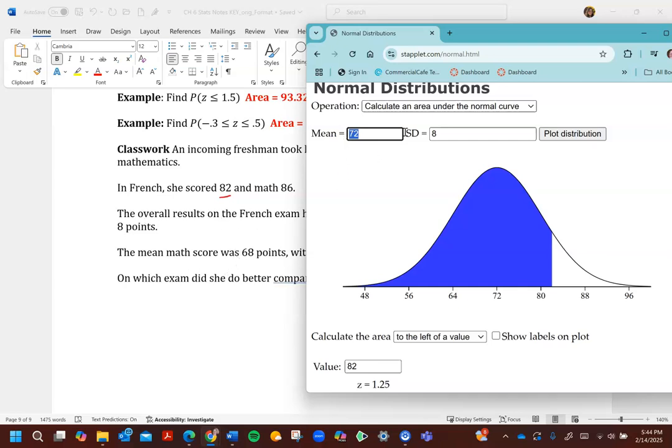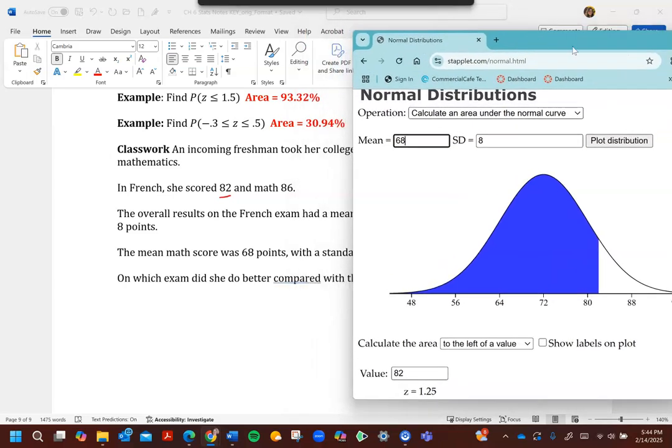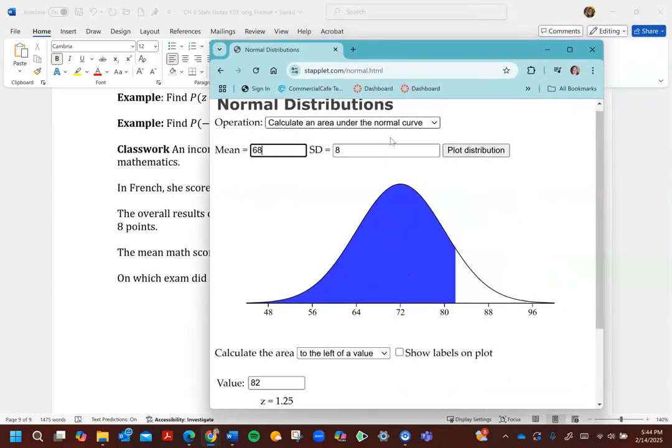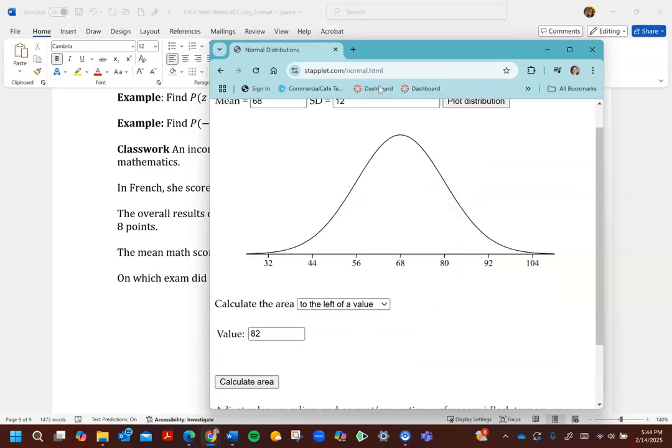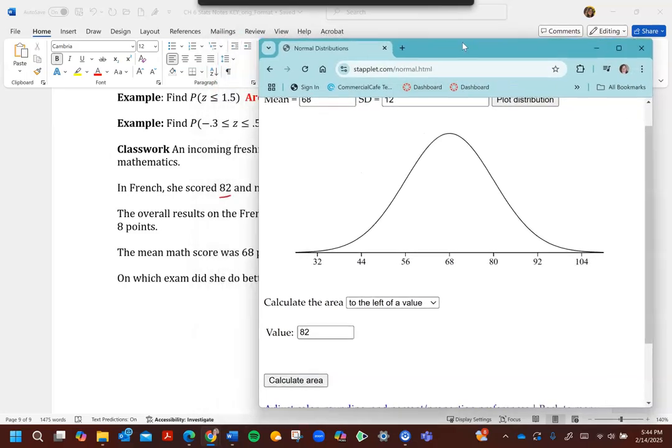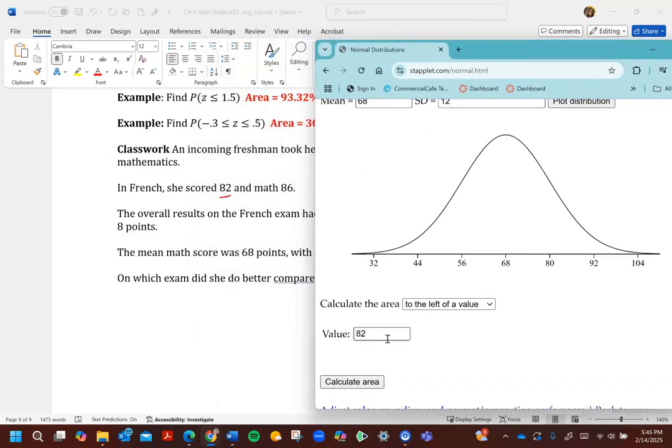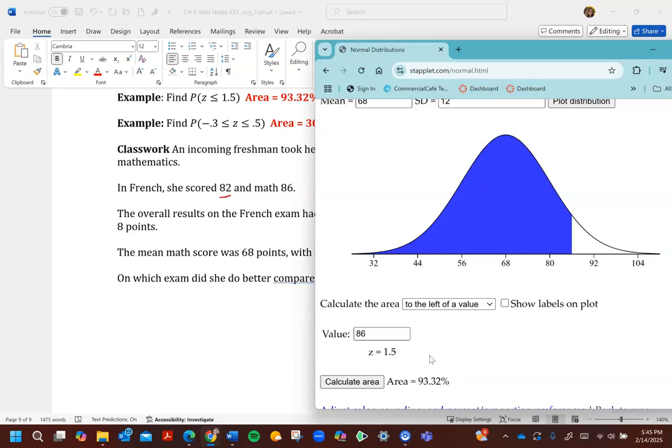But our math mean was 68, a little bit lower there. Standard deviation was 12 points, so a bigger standard deviation. We want the left, but our score is 86. And we're going to calculate area, but it will also give us our Z-score of 1.5.